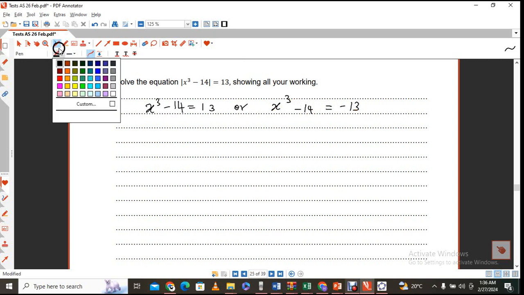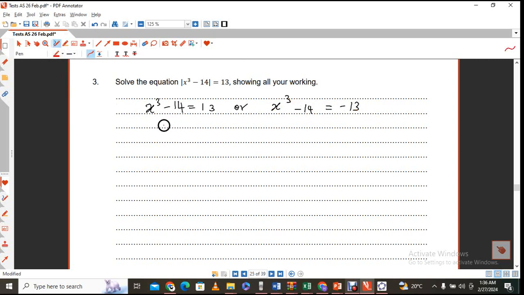Of course, you're going to have here x cubed equals 27, that is if you take the 14 over, or x cubed equals 1. Now, to find the value of x, you will be taking the cube root of 27, or you will be finding the cube root of 1.